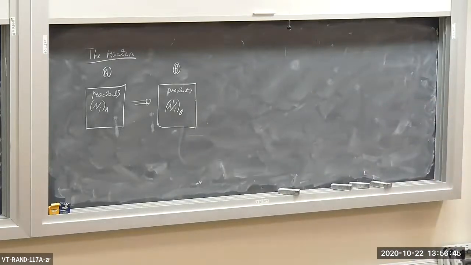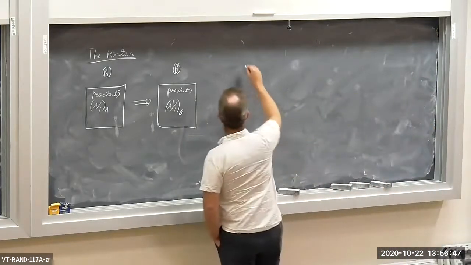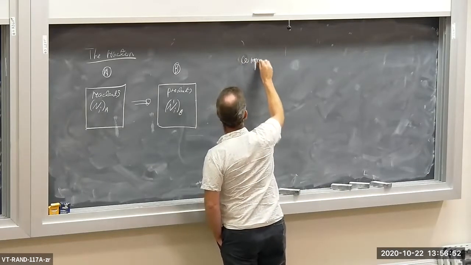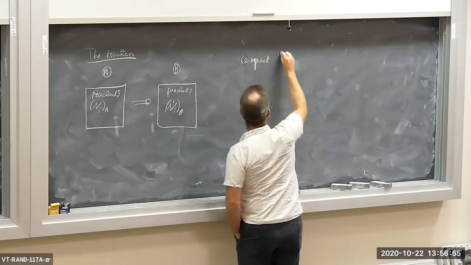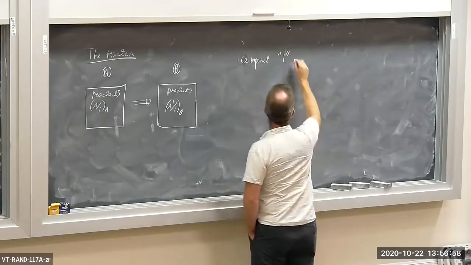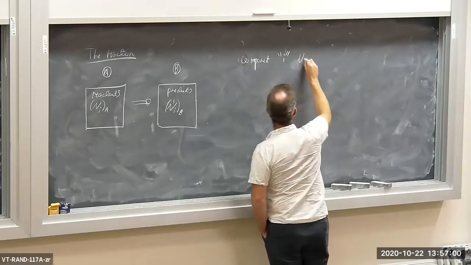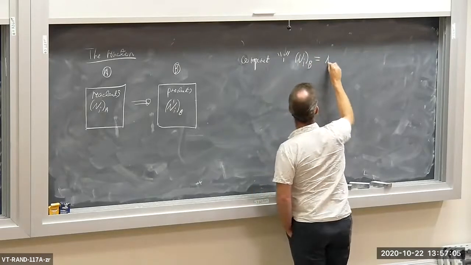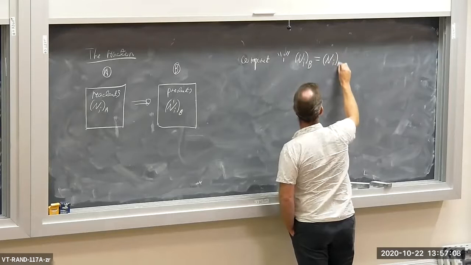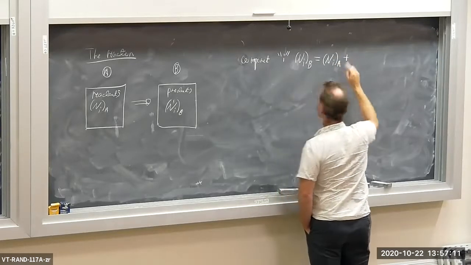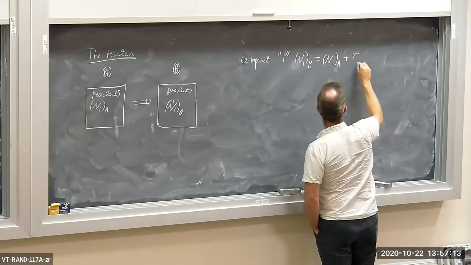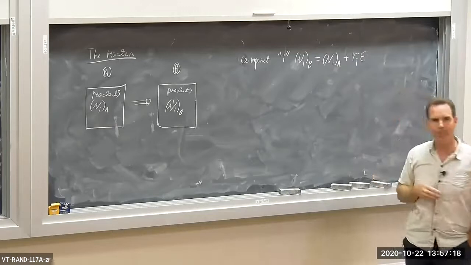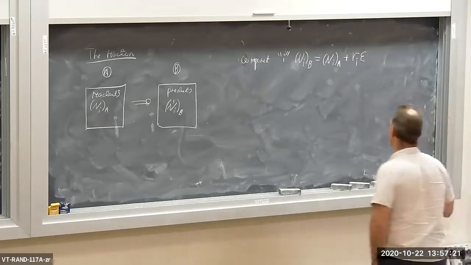So for any species or any component I, the number of moles of the component I in the products is equal to the initial number of moles in the reactants plus the stoichiometric coefficient for that component times epsilon, where epsilon is a reaction coordinate.